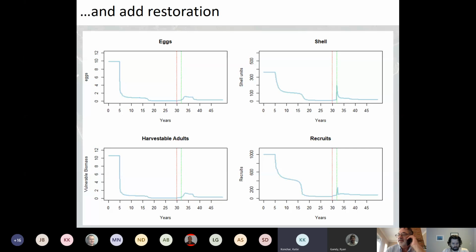I think the real problems are in the social and political realm. I was really shocked when we developed this in Louisiana that some of the more vocal and powerful oyster growers opposed it.